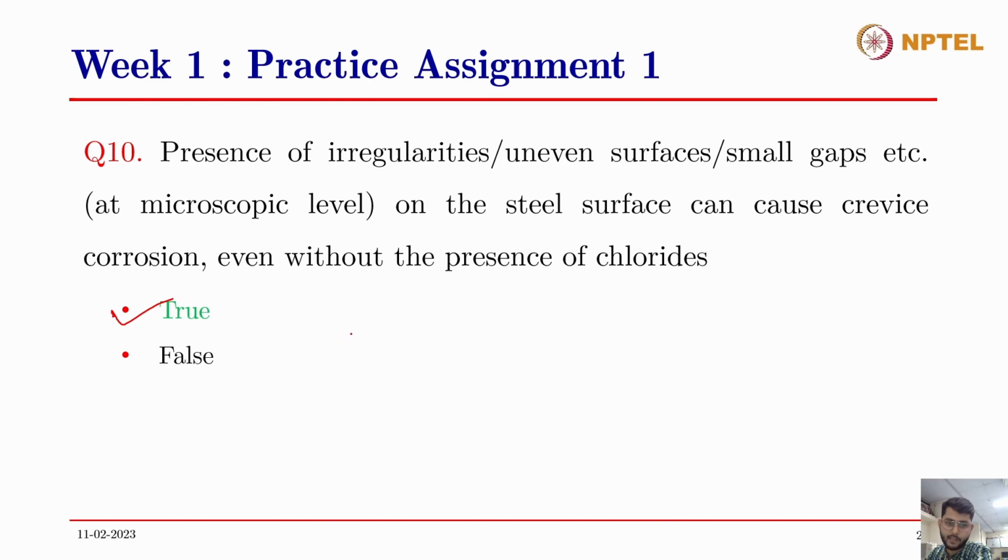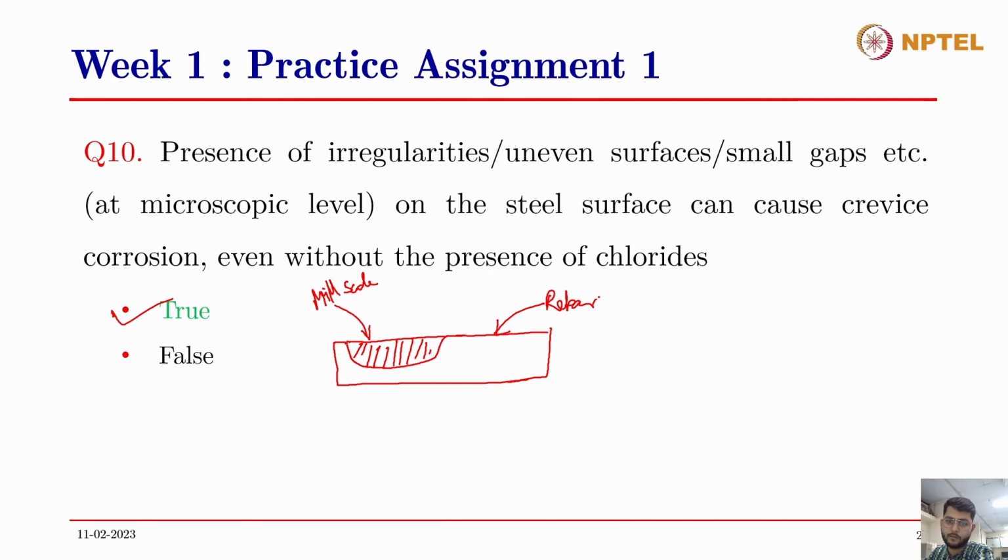There is the presence of mill scale on the surface of the rebar while it is produced. So this is the mill scale, and this is an irregularity or inhomogeneity in the steel surface. This is the rebar, right? And if I enlarge this point, it has also been shown in the lecture, but I'll explain it again here.